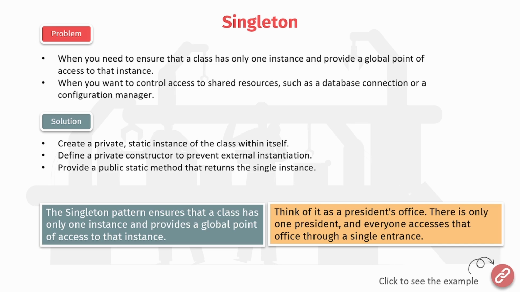So to summarize, the singleton pattern ensures that the class has only one instance and provides a global access point. As a real world example, think of it as a president's office. There is only one president in a country, right? There can't be two presidents at the same time, and everyone can access the president's office or president through a single instance, right?